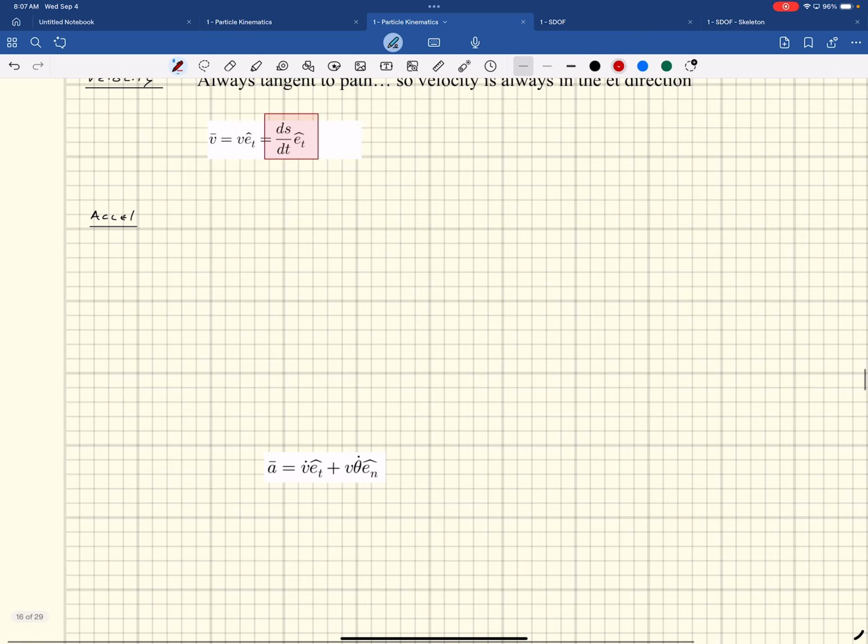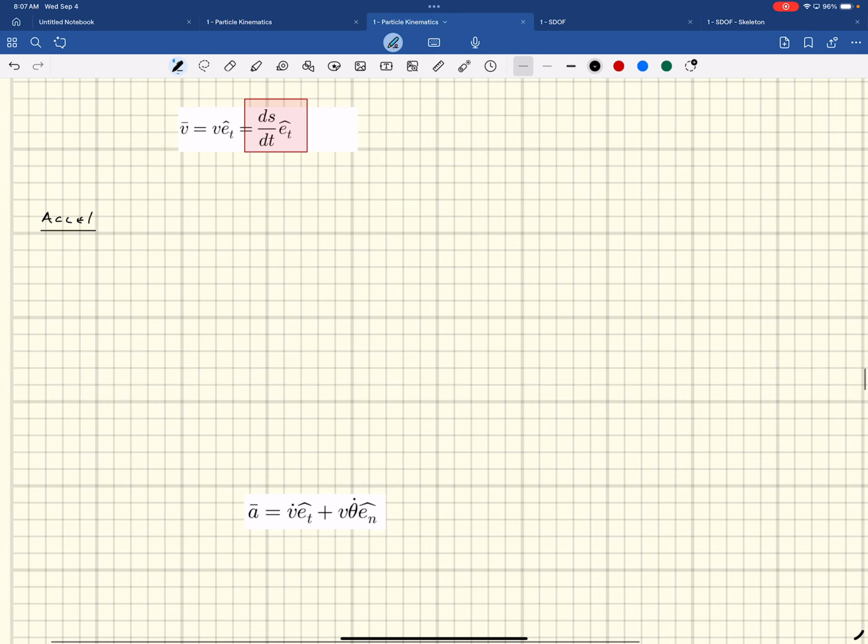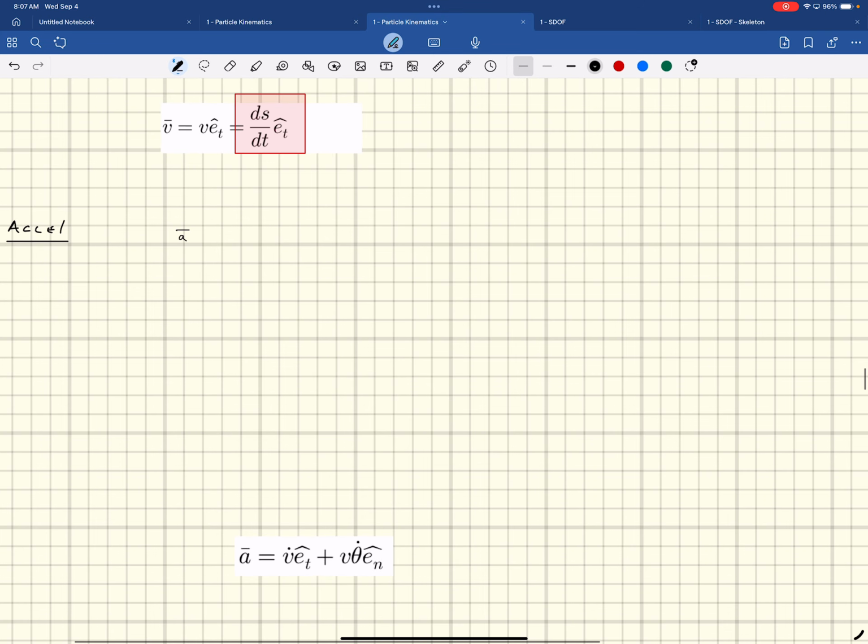Acceleration is the derivative of the velocity. So that's just going to be dv dt, right? And v we just said was ds dt. So it's going to be v in the ET direction. Derivative of the velocity in the ET direction, always in that direction, with respect to time.